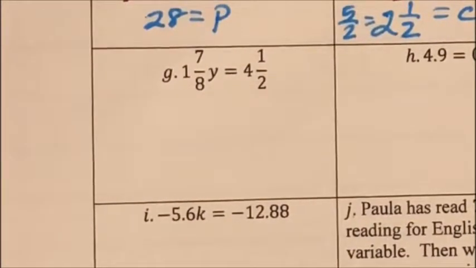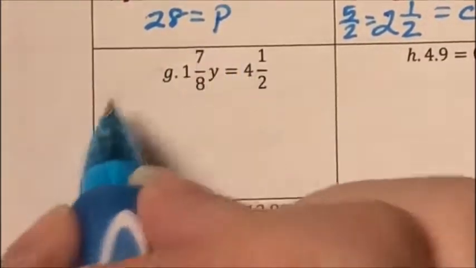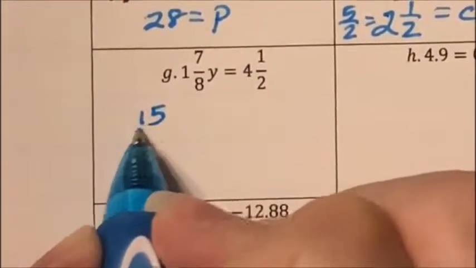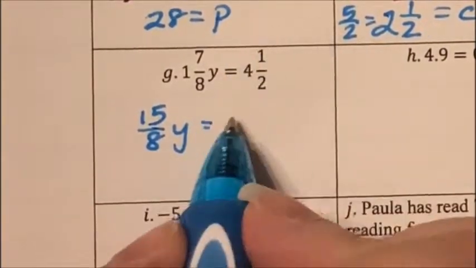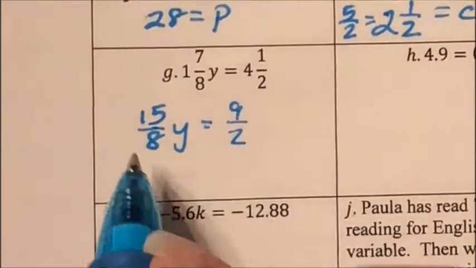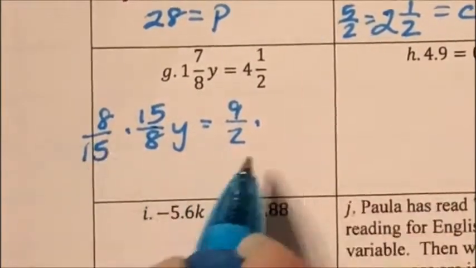Letter G is 1 and 7/8 Y equals 4 and 1/2. Again, changing everything to improper fractions. 8 times 1 is 8, plus 7 is 15, so I have 15/8 Y. 2 times 4 is 8, plus 1 is 9, 9/2. I'm multiplying by the reciprocal, which is 8 over 15.